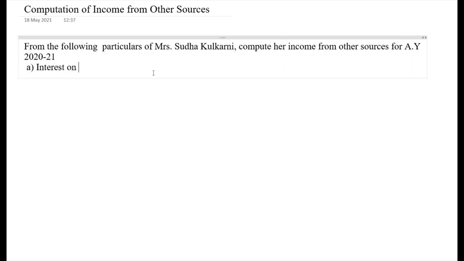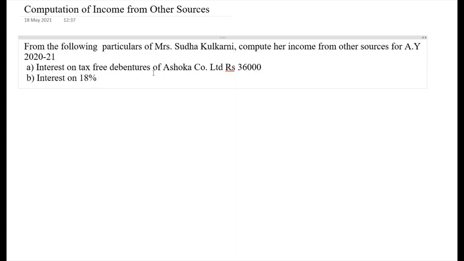A, interest on tax-free debentures of Ashoka Company Limited, rupees 36,000. B, interest on 18% debentures (unlisted) of Kirloskar Limited, rupees 1 lakh.